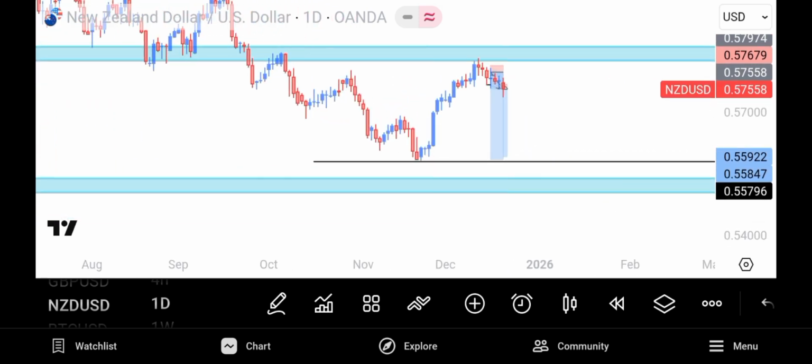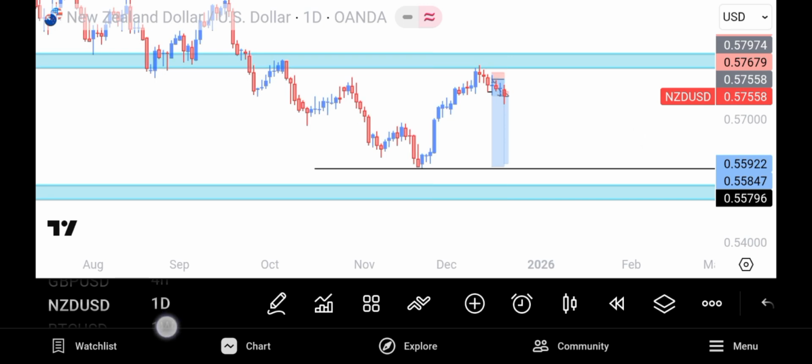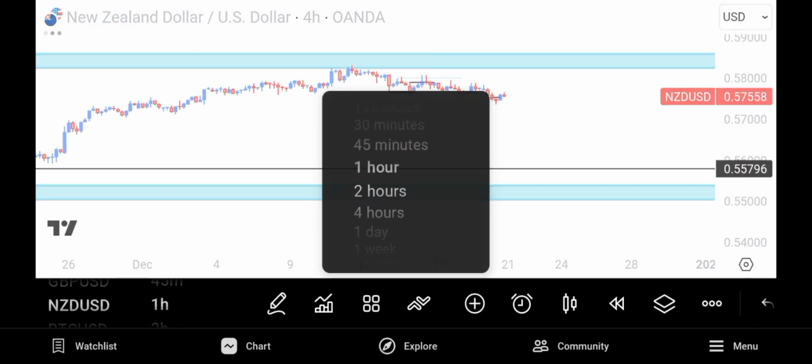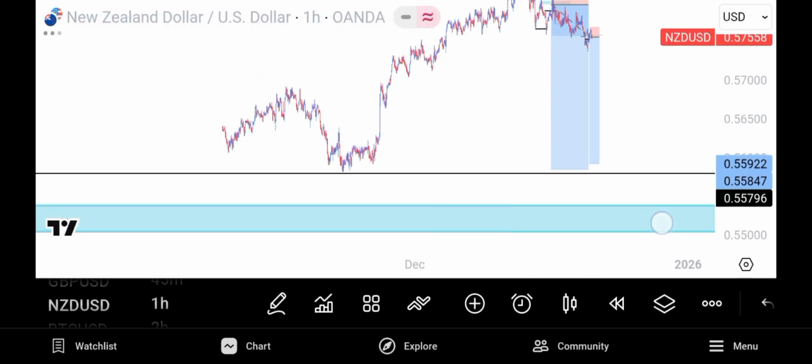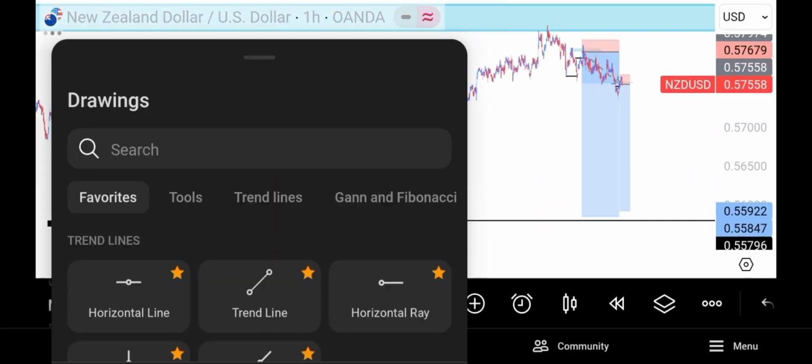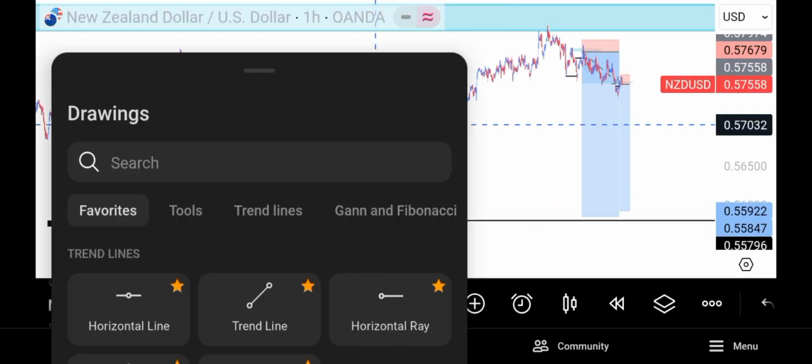Now, how I actually entered the market, I entered the market using structure. So as you all know, structure: higher highs, higher lows, lower highs and lower lows, right? So when we started pushing to the upside, we were creating structures of higher highs and higher lows.